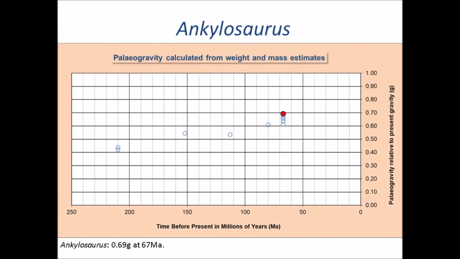Ankylosaurus lived around about the same time as T-Rex, so it gives us a useful comparison between a bipedal and a quadrupedal animal. We can see it gives a similar result to the T-Rex. Ankylosaurus produced a paleogravity estimate of 0.69g at 67 million years ago.